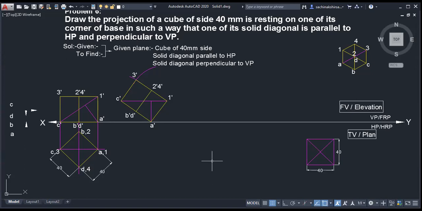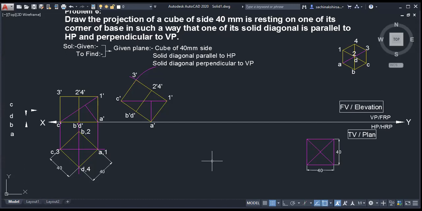So are you getting what I have done? Which solid diagonal has remained parallel to HP now? 3 dash, 1 dash. Are you getting how I have located the points?